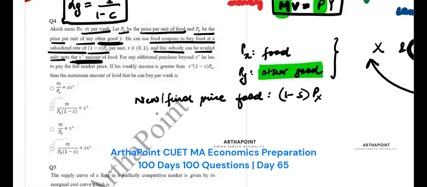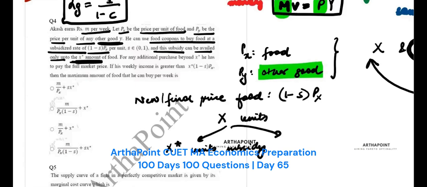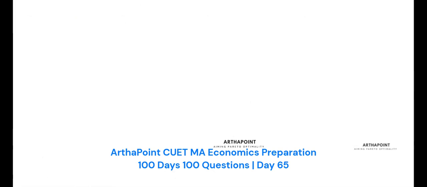Basically, if you consume some X units, then only for the first X star units you get subsidy, and beyond this X star units, there is no subsidy. So let's first understand this part well.